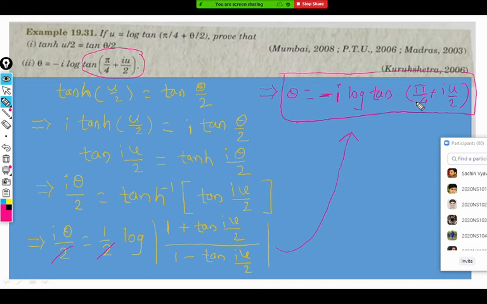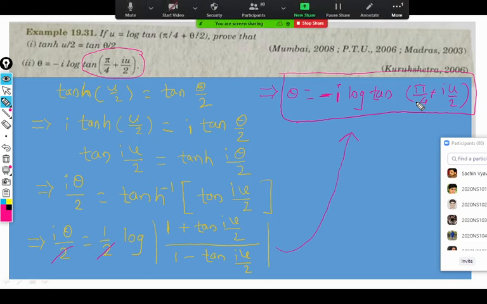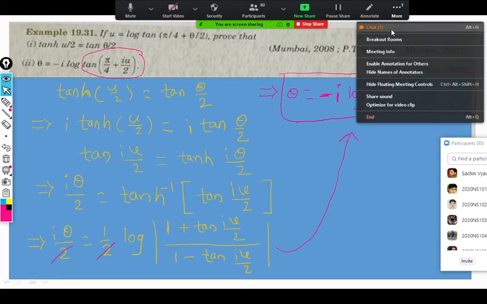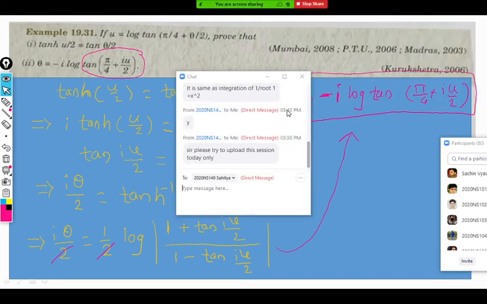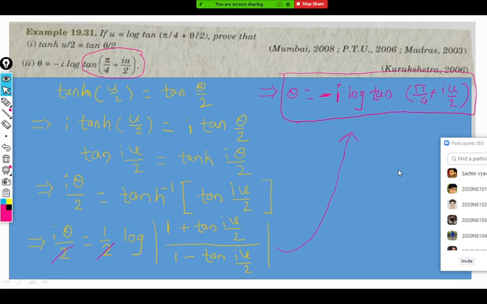Can I move to the next question if you've done this? On the chat. Okay, I think someone is asking to upload. Parth is saying to upload this session today only. I will upload it today only. But I have to add some more slides on log of complex number.